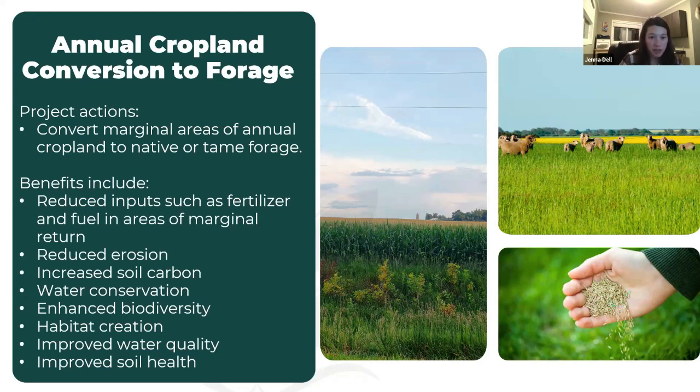And then the benefits for this one would be reducing your inputs like fertilizer and fuel, reducing erosion, increasing soil carbon, improved water conservation, enhanced biodiversity, creating habitat, improved water quality, and improved soil health just by having that perennial living root in the ground year round as opposed to an annual crop.